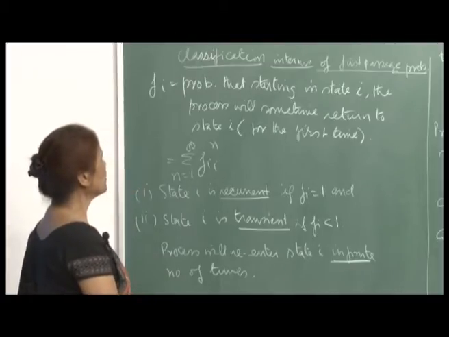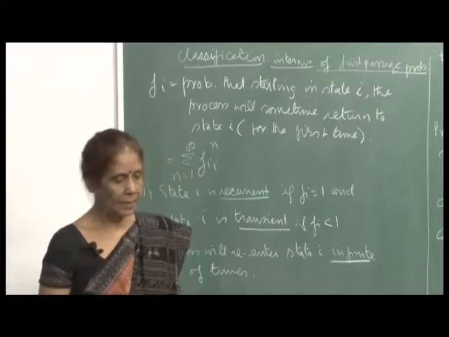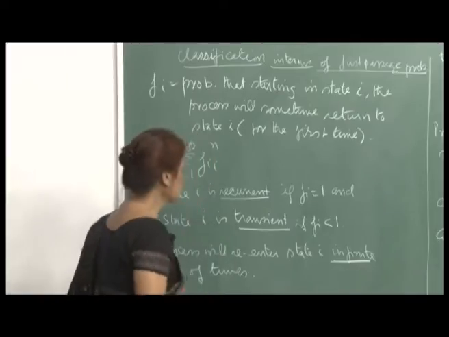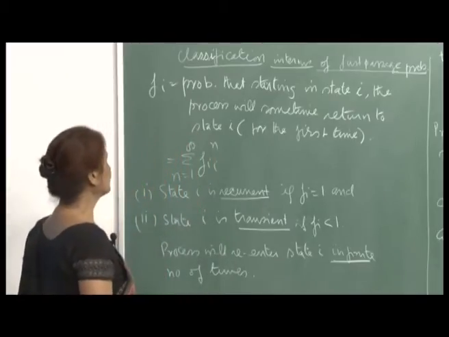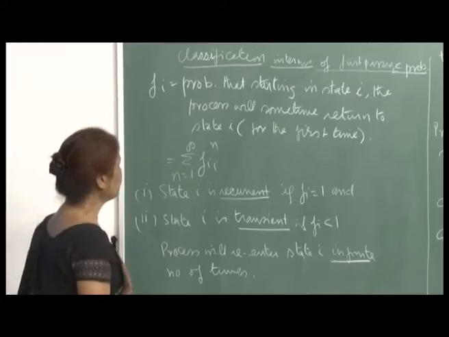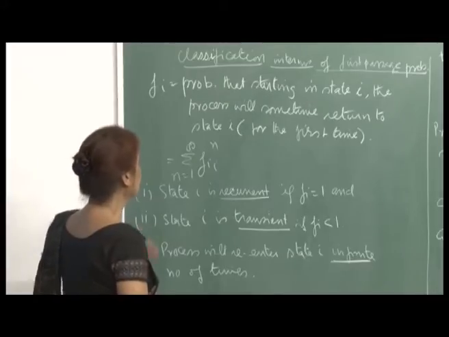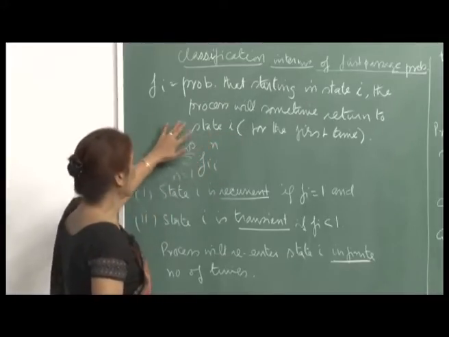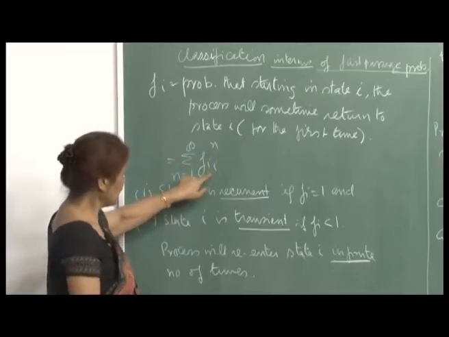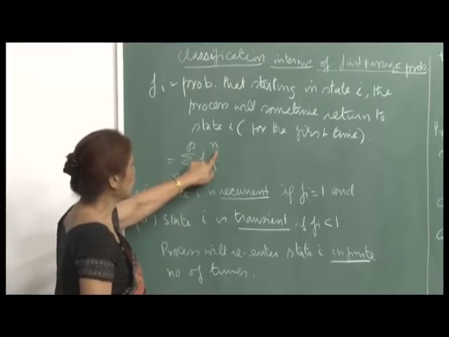Okay. Now I will give you another classification of these states in terms of first passage probabilities, and that will also give you a good understanding, and of course another alternate way of determining whether a state is recurrent or transient. So, now let us define f_i as the probability that starting in state i, the process will sometimes return to state i for the first time, because f_i^n was the probability that it returns to state i from i for the first time in n steps, n transitions.